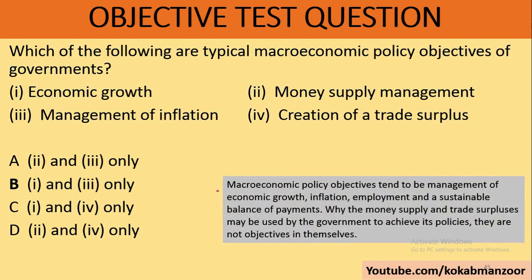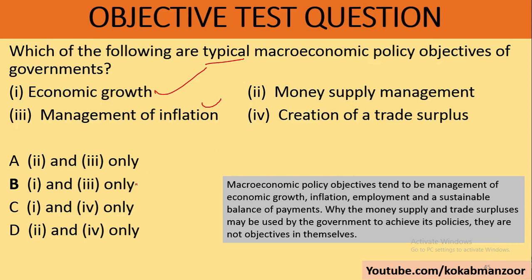Okay, which of the following are typical macroeconomic policy objectives? Economic growth, yes, this is a policy objective. Money supply management is not a macroeconomic policy objective. Management of inflation, yes, they are managing. Creation of a trade surplus, no, it is not typical, though we want all these 4. Apparently we want all these things, but they are not all typical macroeconomic policy objectives.